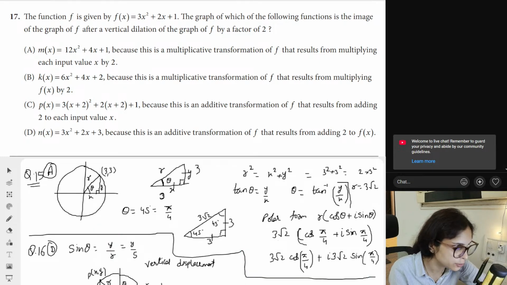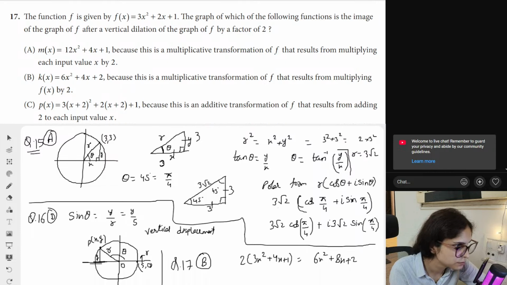So I can simply write over here 6x squared plus 8x plus 2. So it's 3x squared plus 2x plus 1.